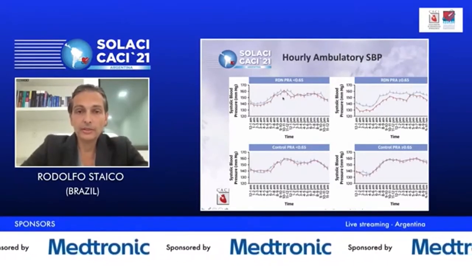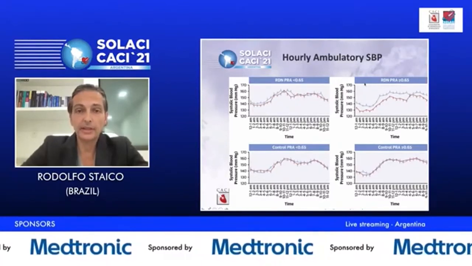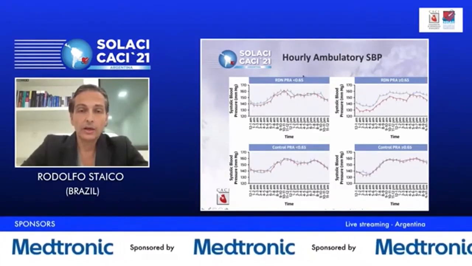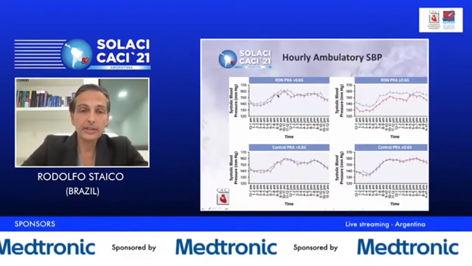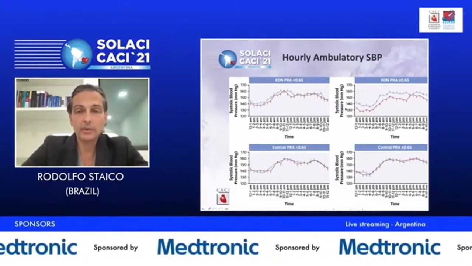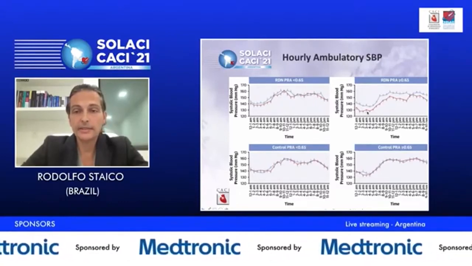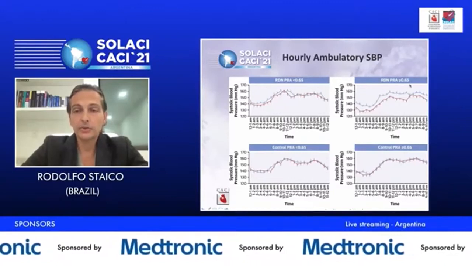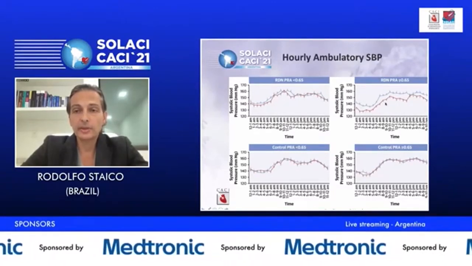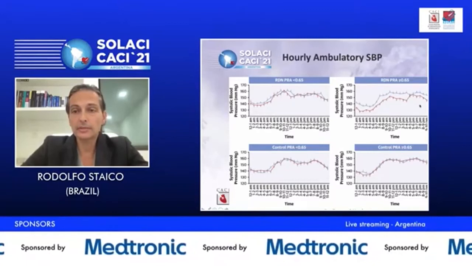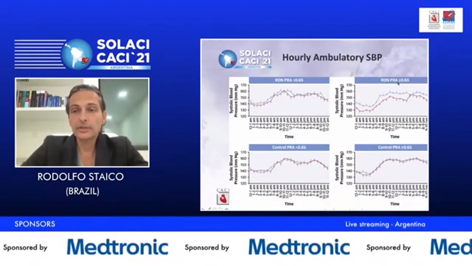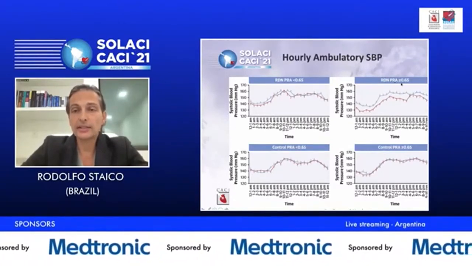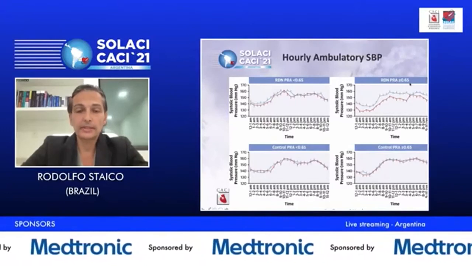Já nos procedimentos aqui acima, de denervação renal, aqueles com renina mais baixa, sem resposta adequada, e aqui, aos 3 meses de segmento, a linha vermelha mostra uma redução significativa da pressão em todas as horas, praticamente, aqueles pacientes com atividade renina plasmática acima de 0,65.